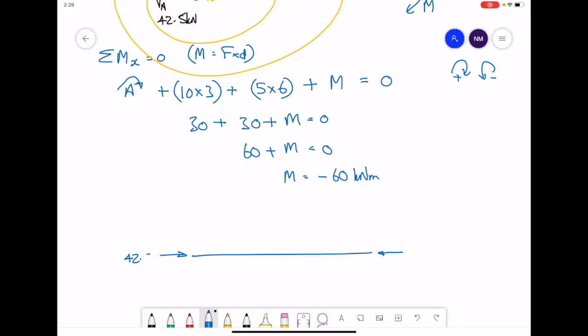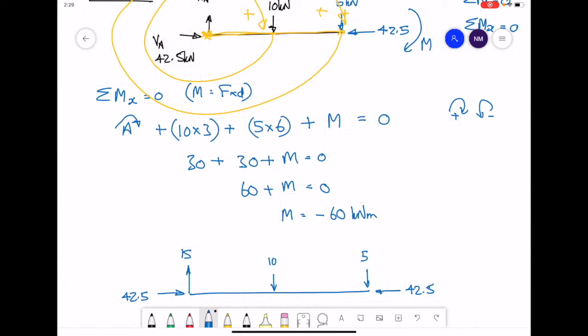Horizontal force 42.5, 42.5. You have 15 applied at the end. You have 10 and 5 applied. Now, the moment that I had drawn in initially, M, was clockwise. It worked out to be a value of minus 60.